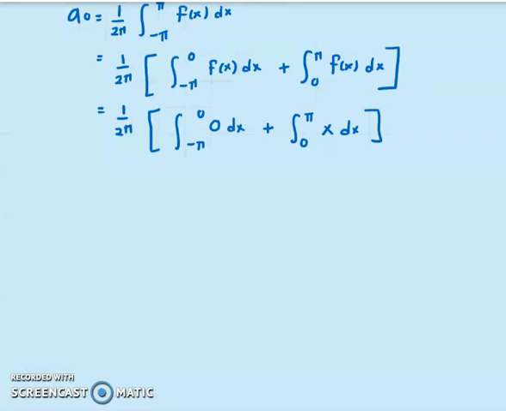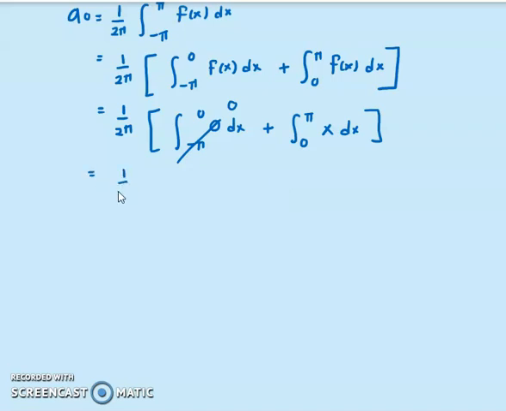Okay, so continuing, this is 0. Okay, integrating 0 dx will give you a constant. Now all we have to do is integrate this interval.